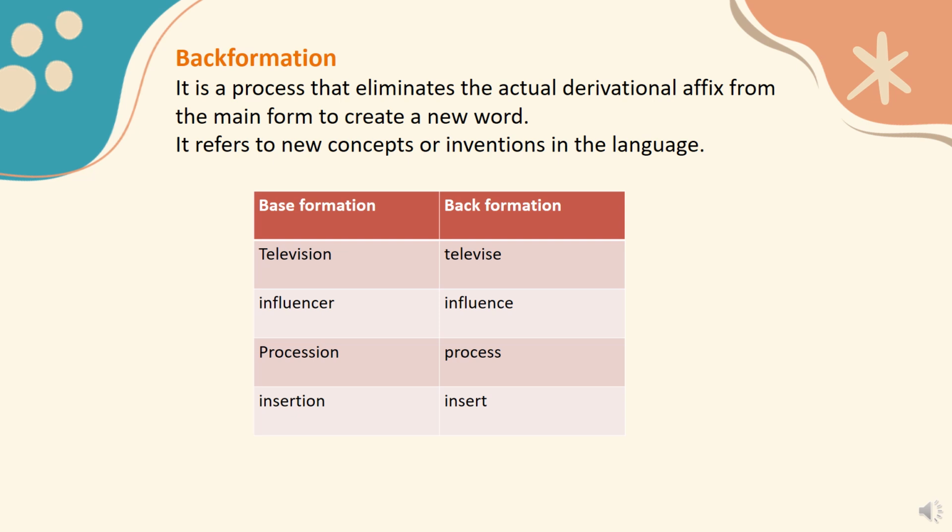It will turn into a verb. Influencer will turn into influence. New concepts in the language. Procession, process. Insertion, insert. All of them are new concepts in the language, and we change the known noun, and its back formation will be a verb.